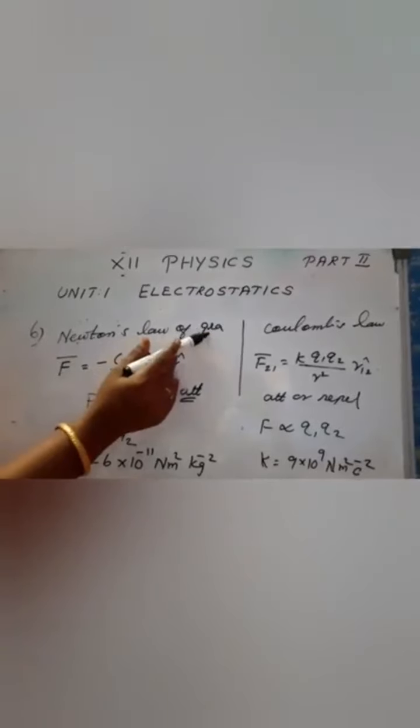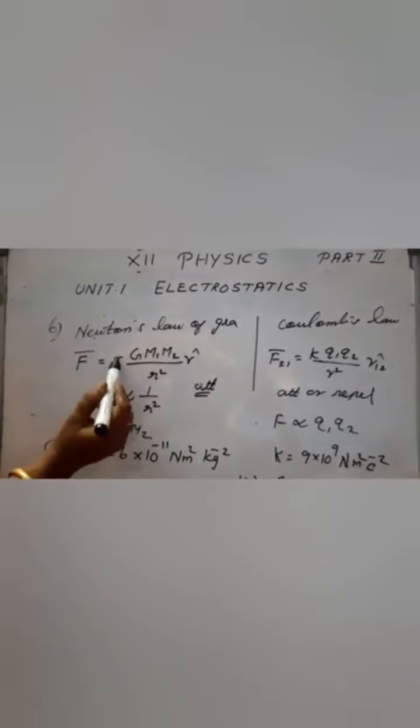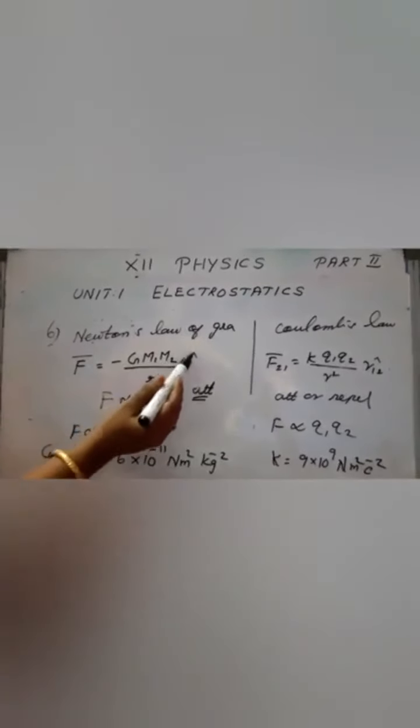Sixth aspect: Coulomb's law and Newton's law of gravitation both have a similar structure. Newton's law of gravitation is F bar equal to minus G m1 m2 by r square into r cap.